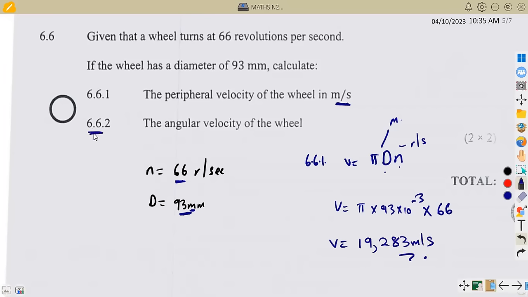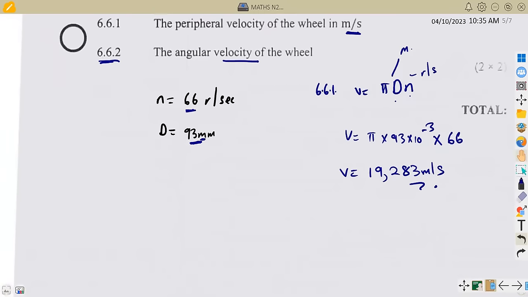Then on 6.62, the angular velocity of the wheel, which is omega in this case. Remember that omega is equivalent to 2 pi n, where n is in revs per second. So omega is 2 pi times n, of which our n in revs per second is 66.